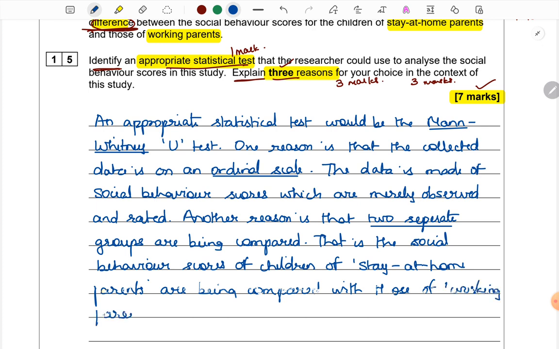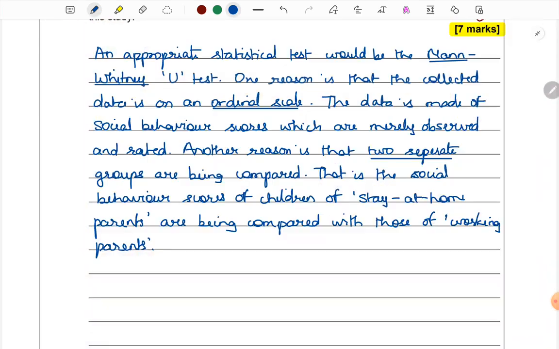I've used quotation marks to differentiate the two groups and to show that I've named the two groups. Other possibilities are you can say group 1 and group 2, but just make it clear which are the two groups. And another reason is that we are comparing differences. So, another reason is that differences are being compared across the groups.